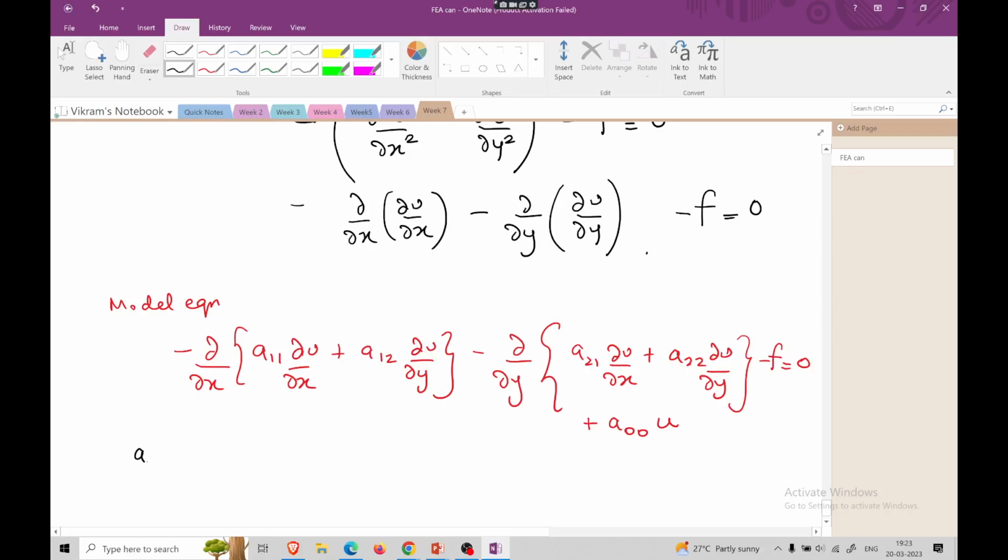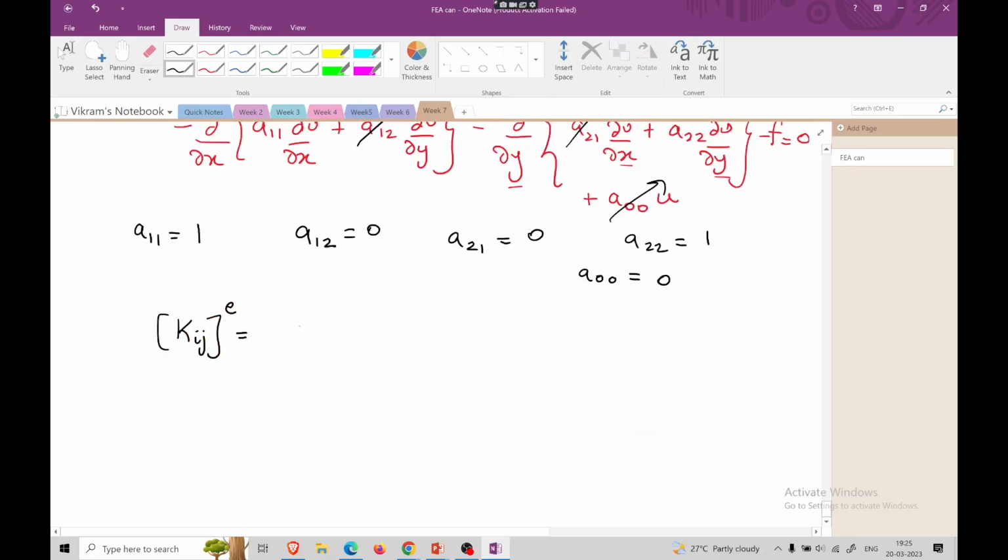In the last class we saw what is the Kij. So Kij for any element is equal to a11 Sij11 plus a12 Sij12 plus a21 Sij21 plus a22 Sij22 plus a00 Sij00. Do you remember this formula?